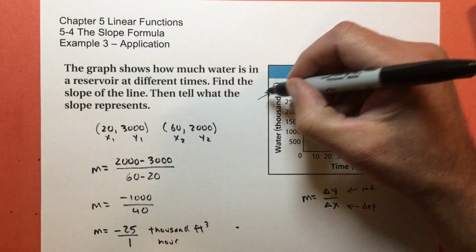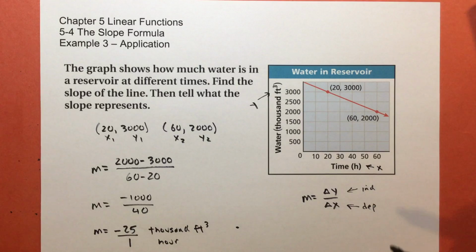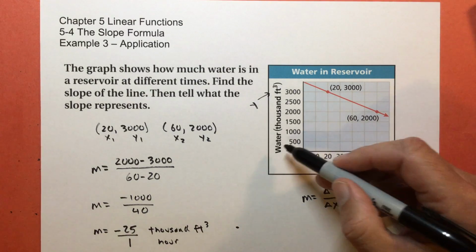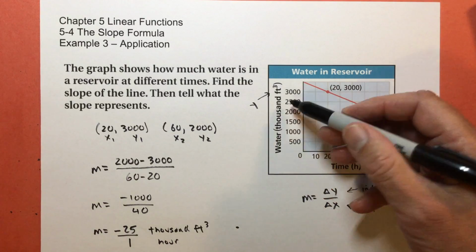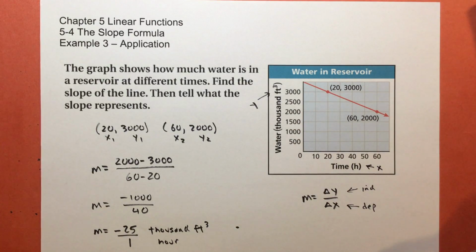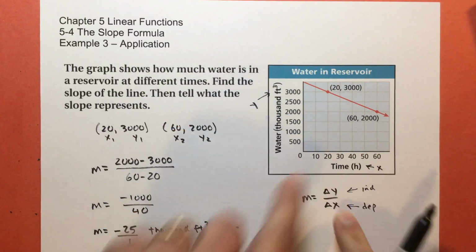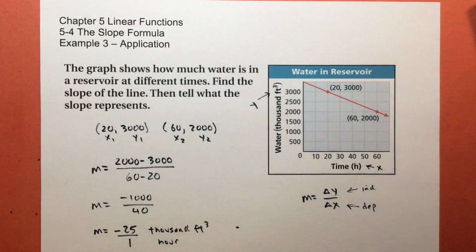This is my y. In this case, this is time measured in hours, and this is volume of water measured in cubic feet or thousands of cubic feet. So remember the word per means divide. So it's this label divided by that label. See you in the next video.